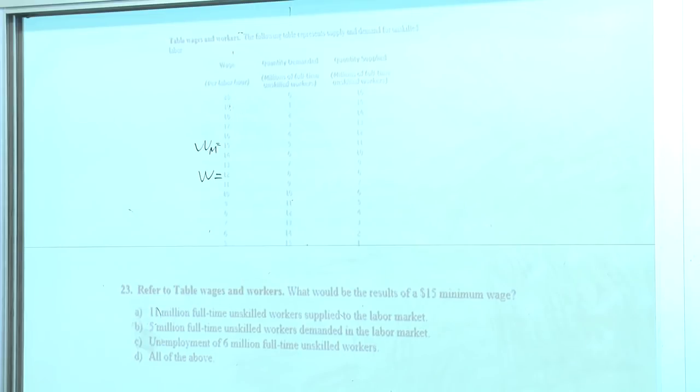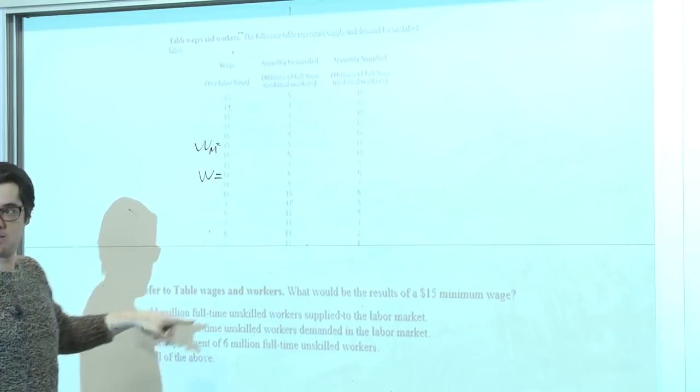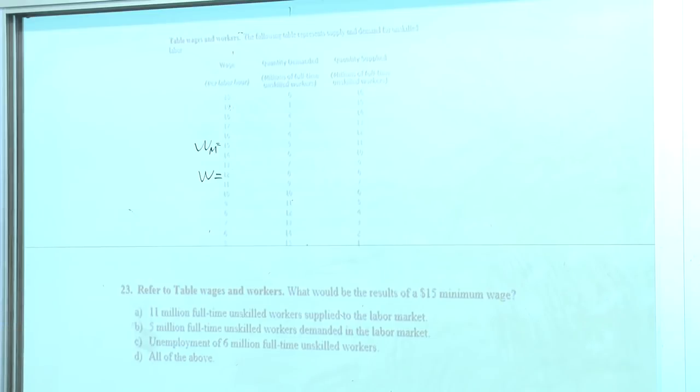Okay, so let's see which of these is true. A says we have 11 million full-time unskilled workers supplied in this market. Is that true? How many workers are supplied when we have a minimum wage of 15? 11. Yeah, so is A true? Yeah.